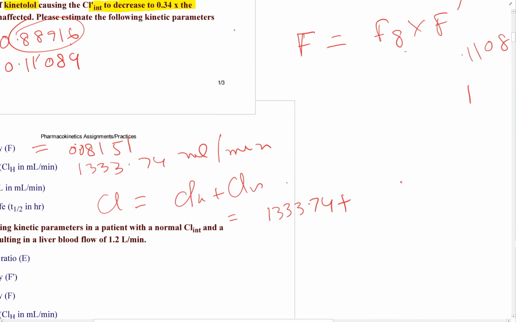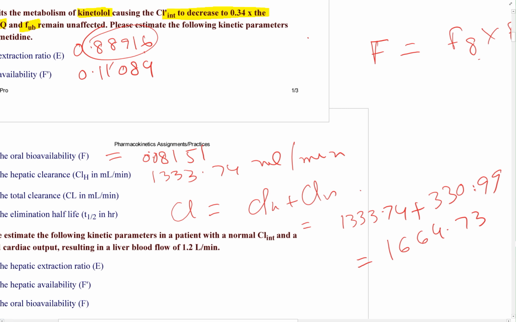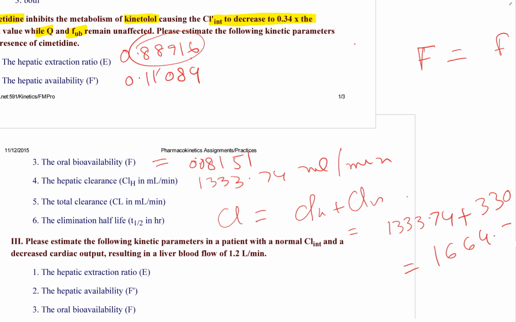So 330.99 will give you a new total clearance of 1664.74 milliliter per minute. This is your total clearance.